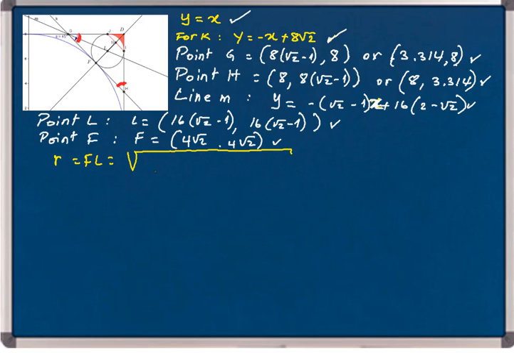This calculation simply is equal to 16 square root of 2 minus 16, minus 4 square root of 2, squared, times 2 here, is equal to square root of 2 times 12 square root of 2, let's see, 12 square root of 2 minus 16.